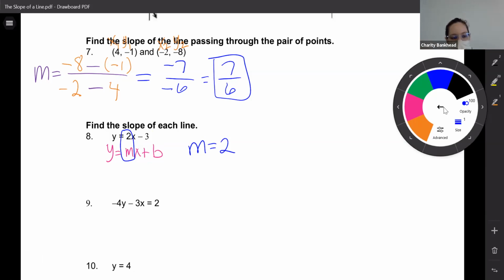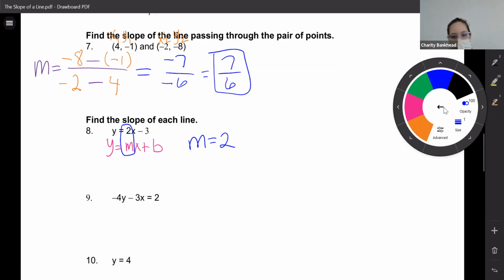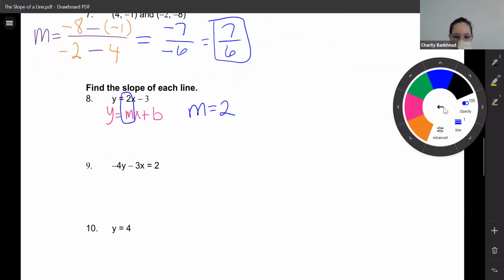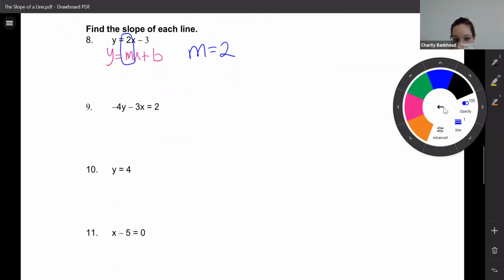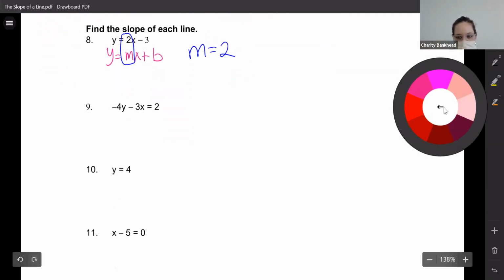For number 9, it's not in slope-intercept form, so that's what I would do first, is put it into slope-intercept form. The first thing to do for that is add 3x to both sides of the equation. That would make it -4y equals 3x plus 2.